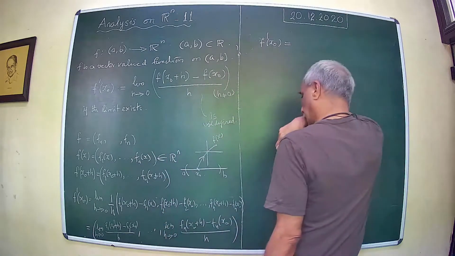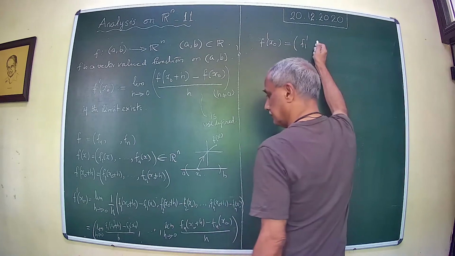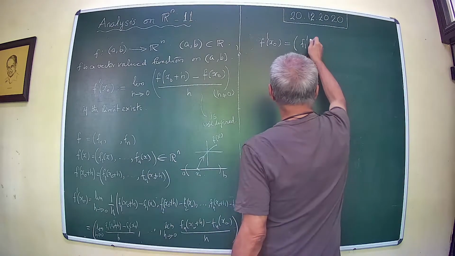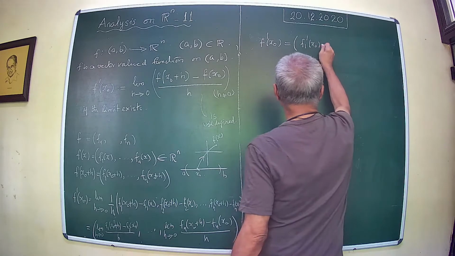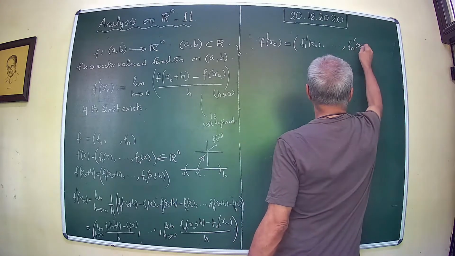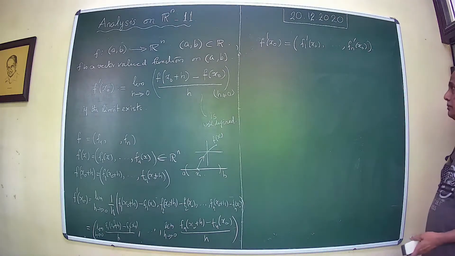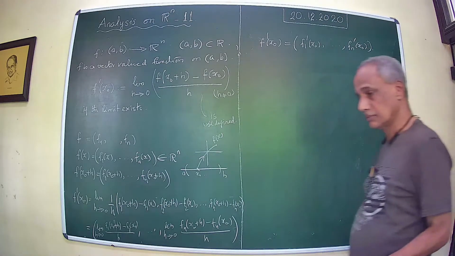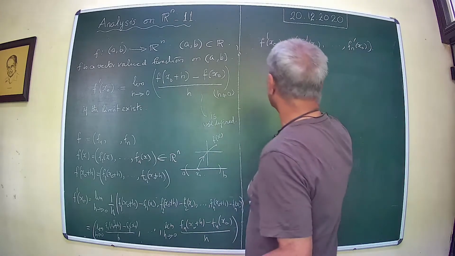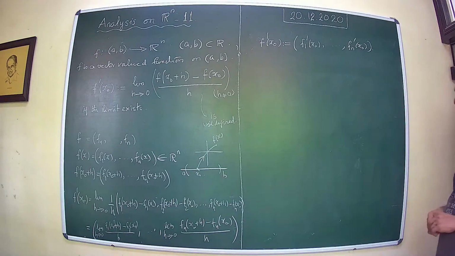Equal to f1 derivative at x naught. Okay, so this you define as f derivative of x naught.